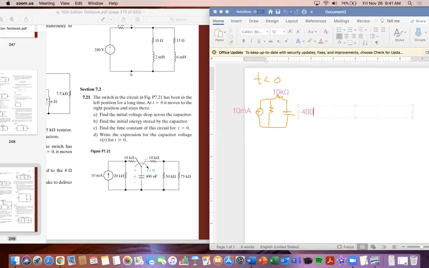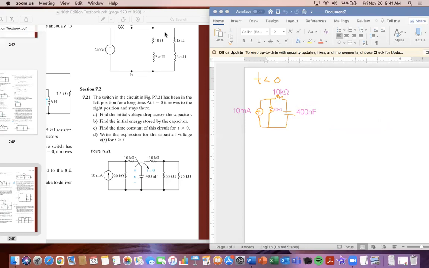Capacitor, we have 400 nanofarads. And the other resistor is 20 kilo ohms. And so now let's think about it. What we have to do is determine how much voltage is across this capacitor, the initial voltage.